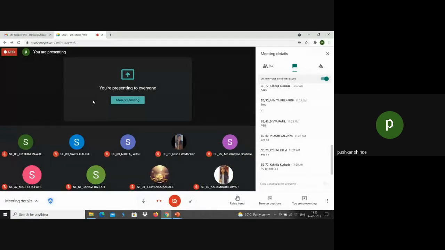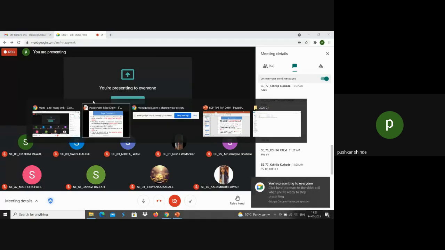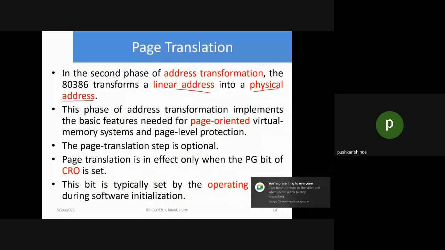If the PG bit of the CR0 register is set to 1, paging is enabled. If the PG bit is 0, paging is disabled. So page translation will happen only when the paging bit is set to 1. If the paging bit is set to 0, paging will not happen and the linear address will itself be the physical address. Okay?